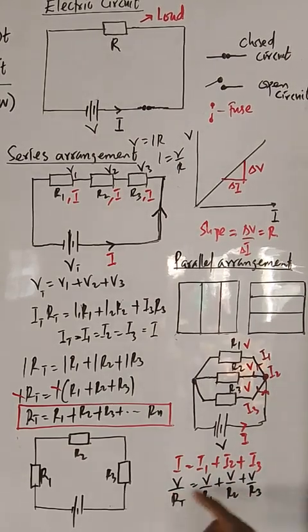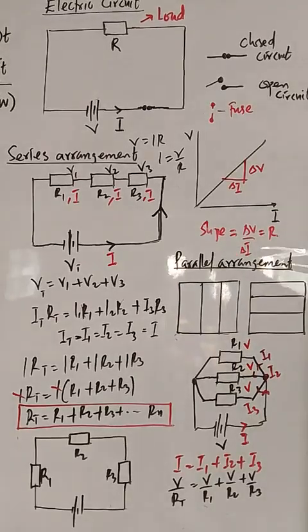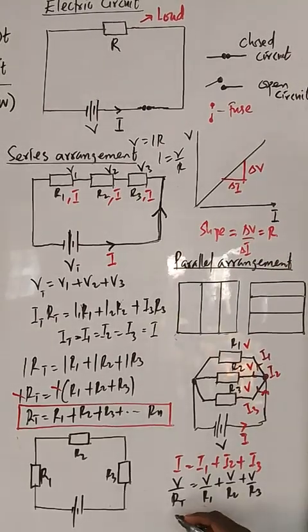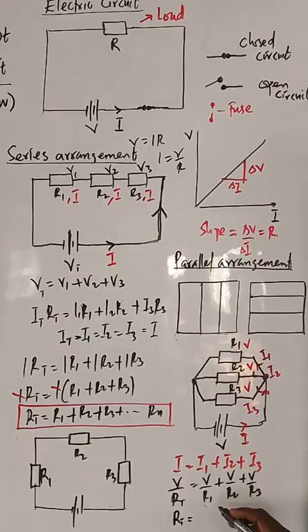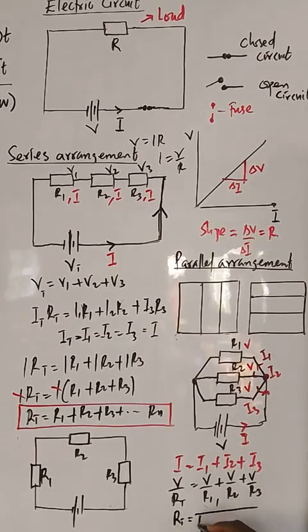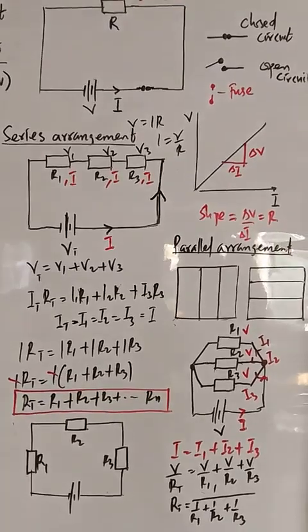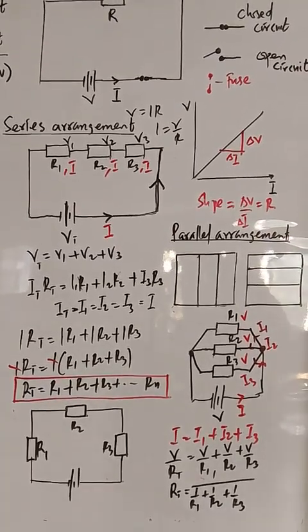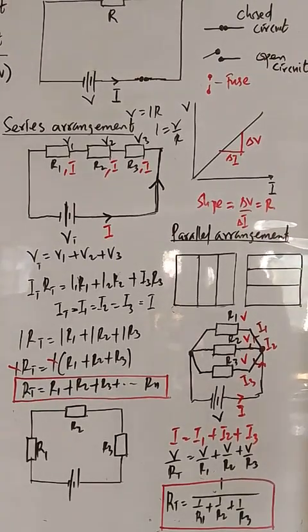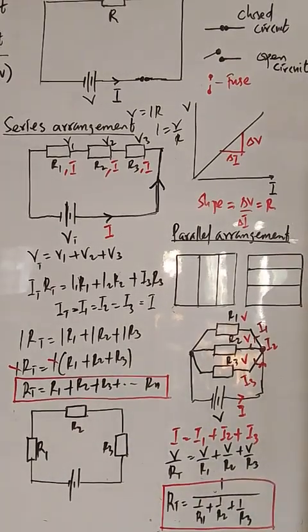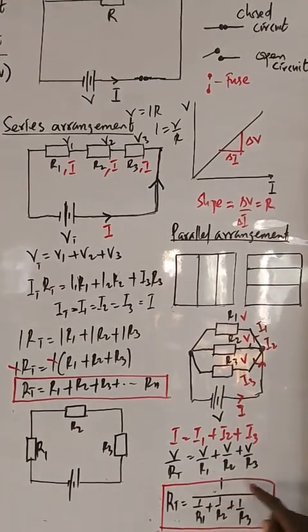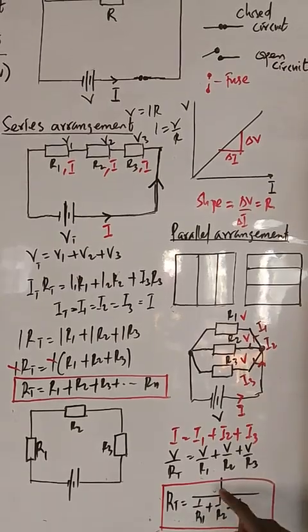And from there, at the end, if you make RT the subject, we are going to get the effective resistance RT to be equal to 1 over R1 plus 1 over R2 plus 1 over R3, all inverted. That will be the what? Total resistance for this case. So for series arrangement, we just add. For parallel arrangement, we take the reciprocal of the sum of the reciprocals of the resistance of each resistor.